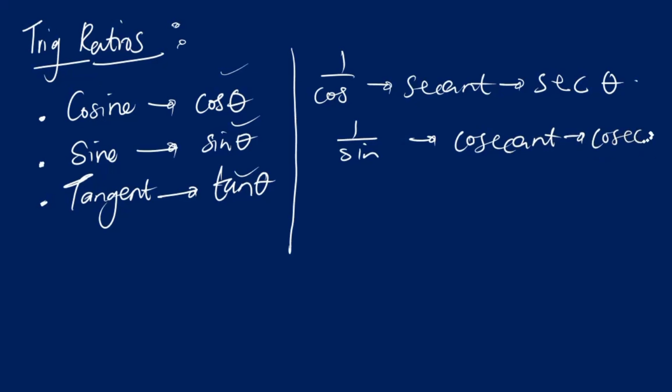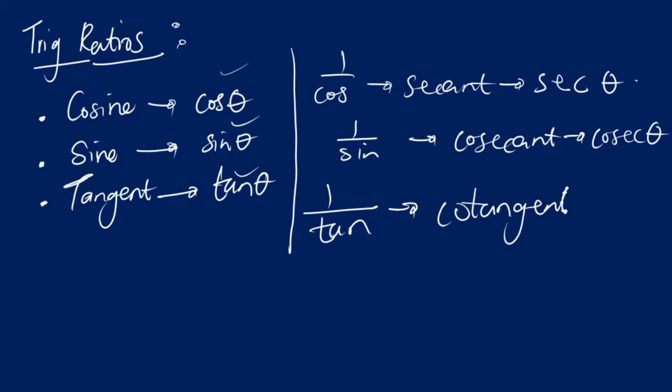It's cosec theta, right? Cosec of something. And then we have 1 over the tangent. How do we refer to this one? It's the cotangent. How do we write this one? It's cot of theta. See how beautiful that is? Now we have 6 trig ratios. You all know that by now.